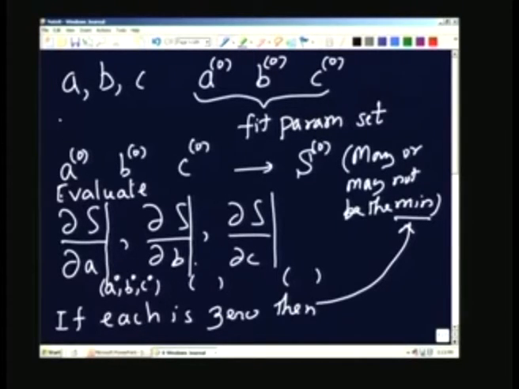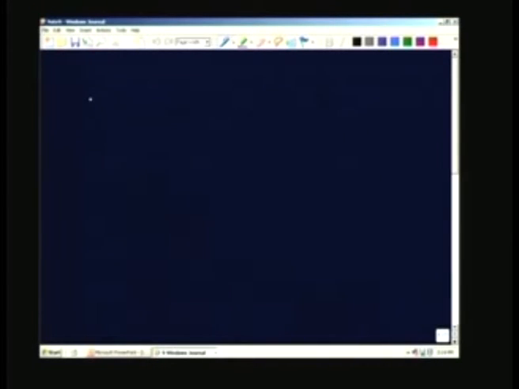So, let us look at these partial derivatives slightly more closely and look at a Taylor expansion. For example, y is a function of A, B and C, I am talking about the parameters. Instead of y, I should use the value of S here.